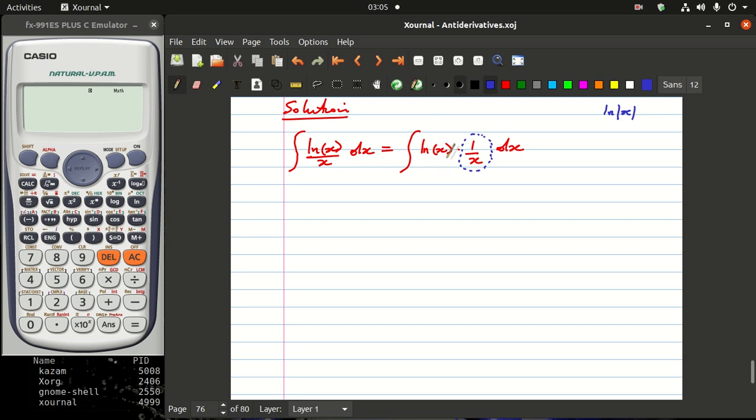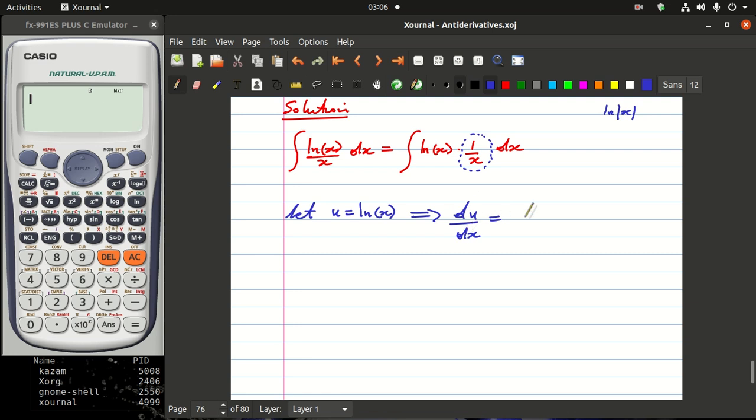So this particular function as a whole is actually the problem, because we just don't have the antiderivative of this function as a whole. So we're just going to let u be equal to ln of x, the natural log of x. Once we have that, we find du dx.